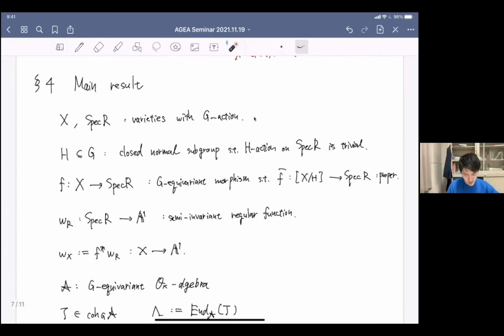So the setting is the following. Let X and Spec R be varieties with G action, and let H be a closed normal subgroup of G, such that the H action on Spec R is trivial. And let F be a G-equivariant morphism from X to Spec R, such that the induced morphism F bar is proper.